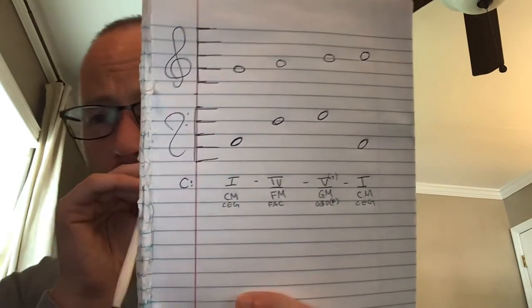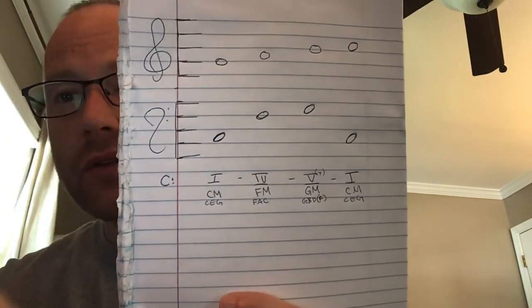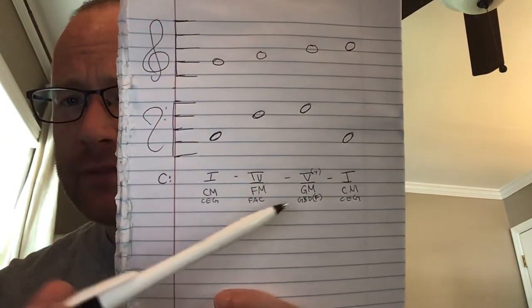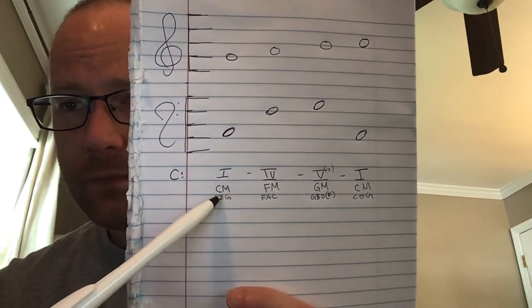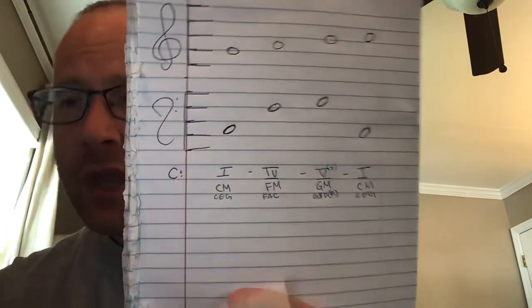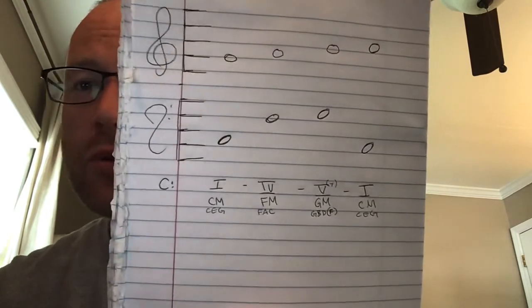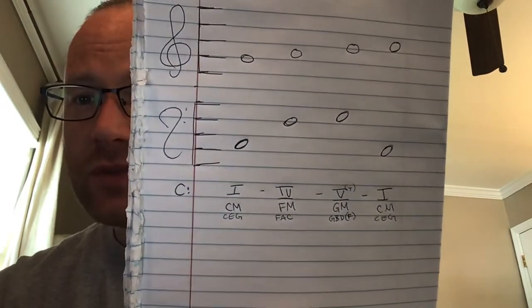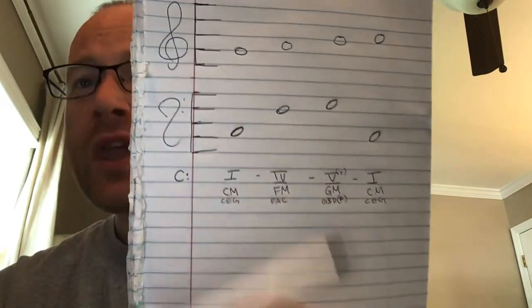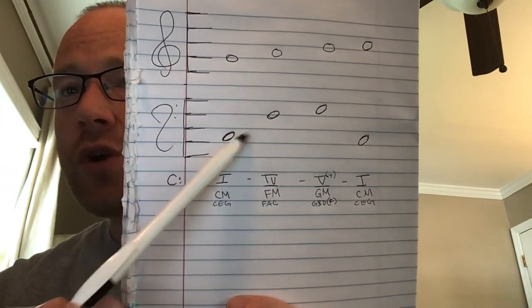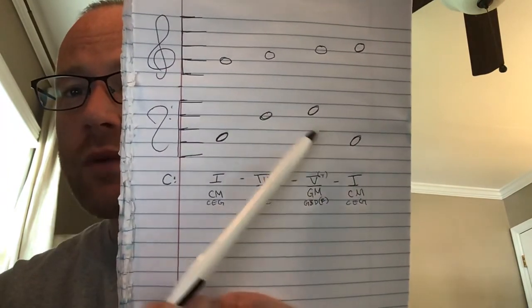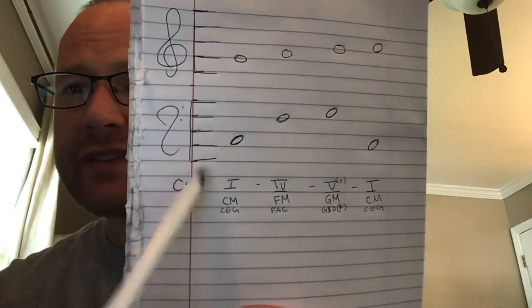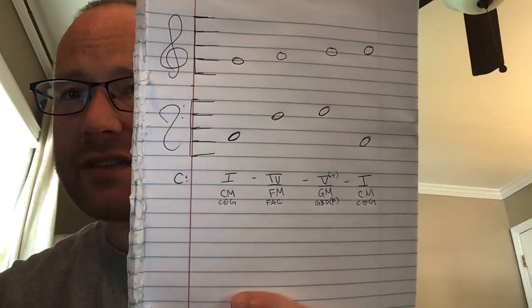Now, one of the things you can do, because obviously we have 3 notes in essence and 4 parts, so it is possible to double on some of the notes and do things like that. Okay? But again, as we're going through this, we want to make sure that we're staying away from those parallel fifths and parallel octaves and things like that.